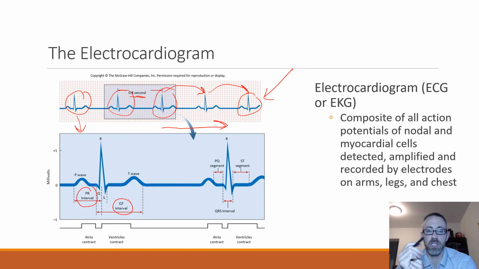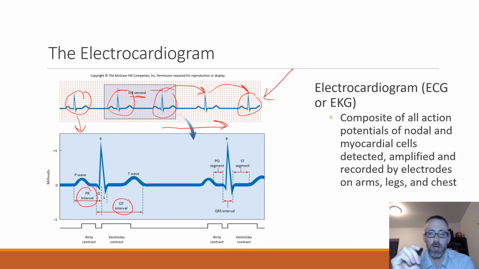The QT interval is the time it takes from the start of the QRS to the end of the T wave, which is the entire ventricular depolarization and repolarization. So that entire duration. Again, there's a normal range for that. That's what we're going to learn about later on, and that can either be too long or too short. All right? And so these are things that we're going to come back to.